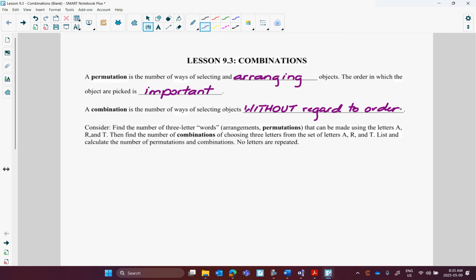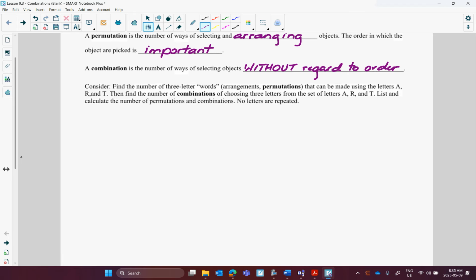The following example will show you the difference between the two. We'll do a permutation problem, and then a combination problem.